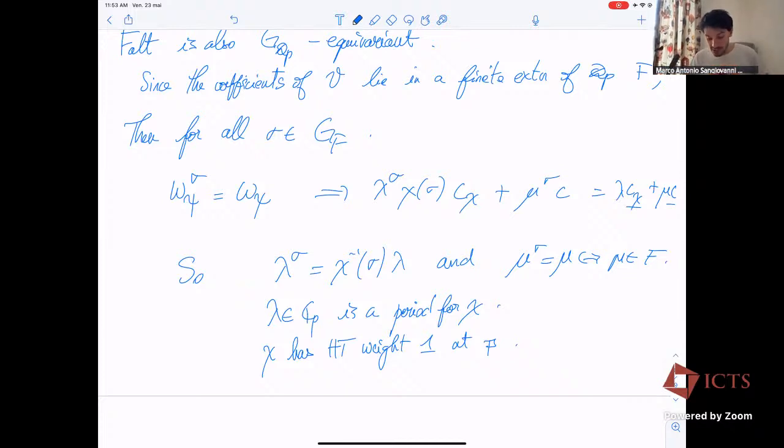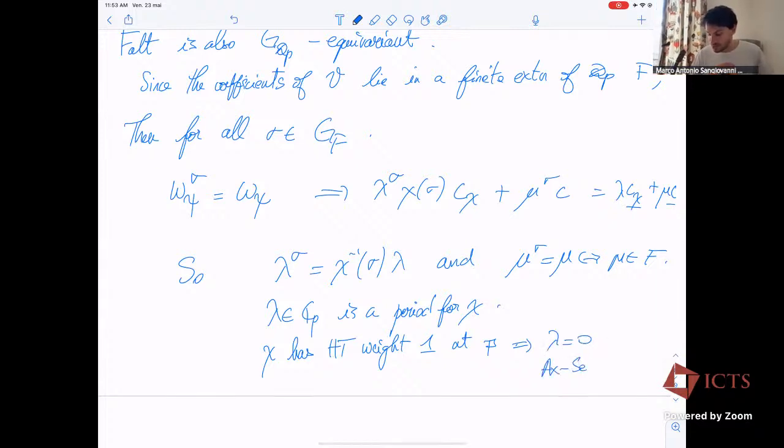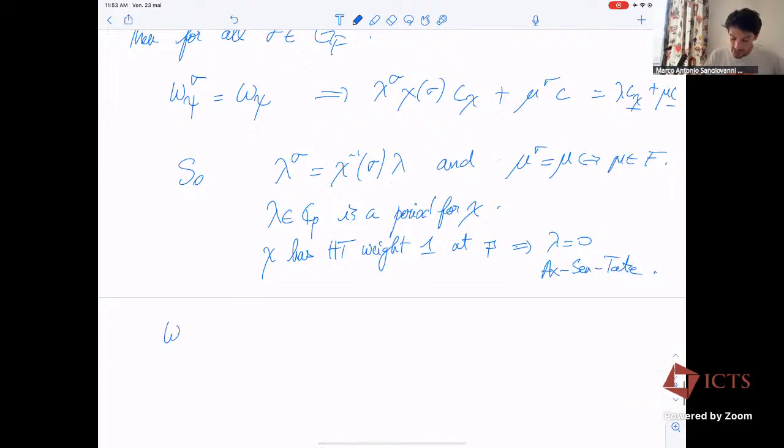So lambda cannot exist. It has to be 0. Lambda has to be 0 by the theorem of Ax-Sen-Tate. Okay. So this implies that omega psi is just a multiple of a basis. So it lies in the line, lies in the trivial representation.